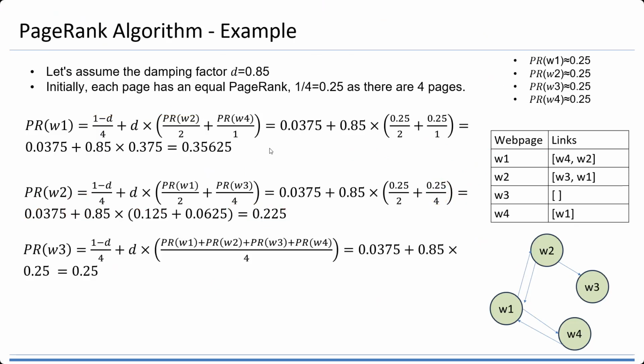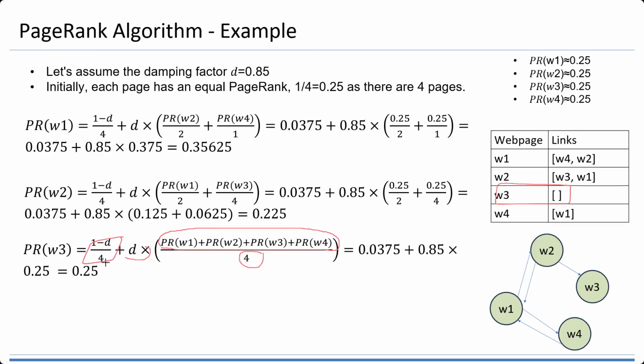What about the PR, the page rank of W3? For the PR of W3, as you know, it is a dangling page because we don't have any outgoing link. Then you can just use (1 minus d) divided by 4 plus d multiplied by all of them. So PR(W1) plus PR(W2) plus PR(W3) plus PR(W4), divided by 4.